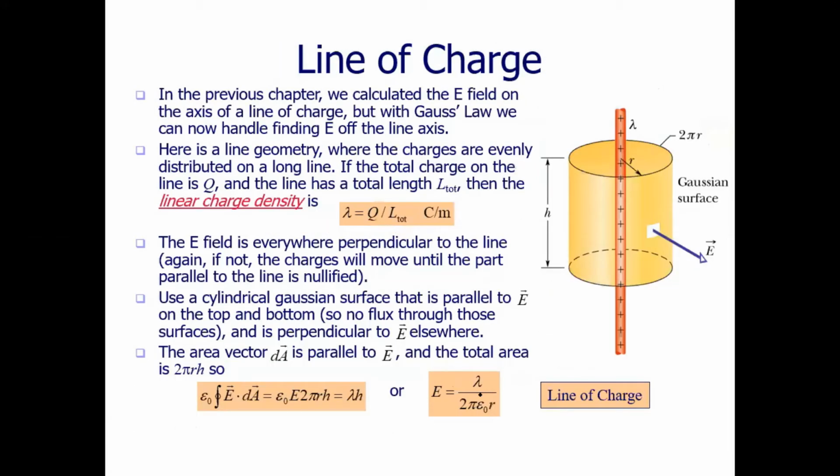Now, can we use the Gauss flux theorem to calculate the electric field of a line? Do you remember that in one of the lectures, we had actually used Gauss's law to find the electric field along a line of charge?